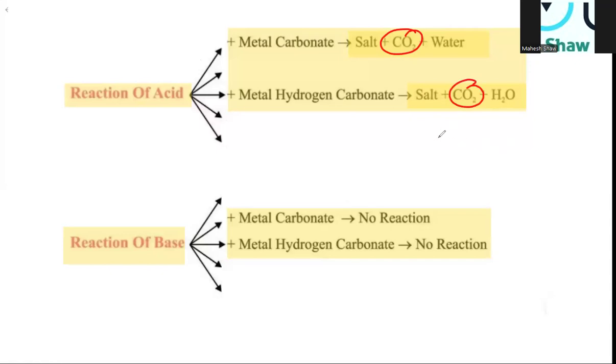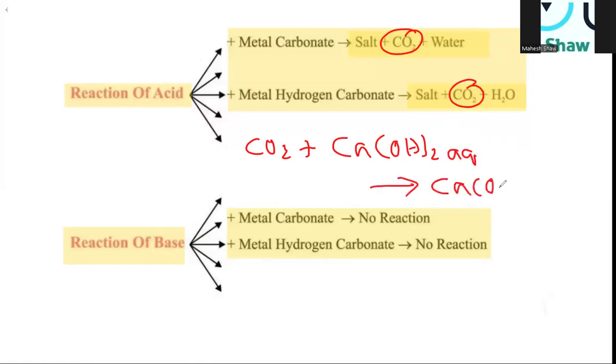So we use a chemical test for confirming this gas as carbon dioxide, and that is when carbon dioxide gas is passed through freshly prepared lime water. Lime water is calcium hydroxide, Ca(OH)2, aqueous. It gives a precipitate of CaCO3.